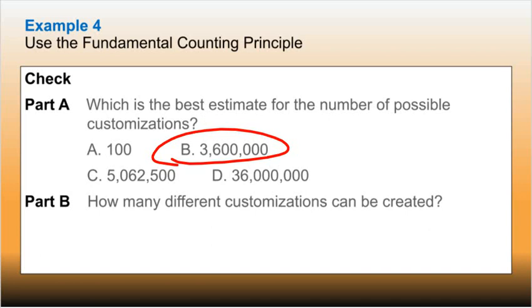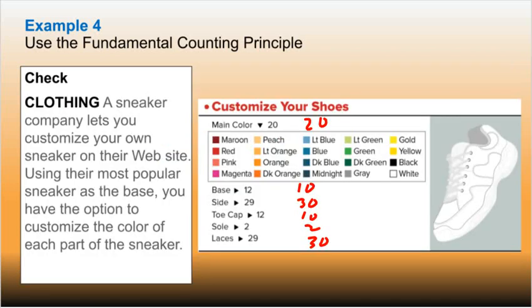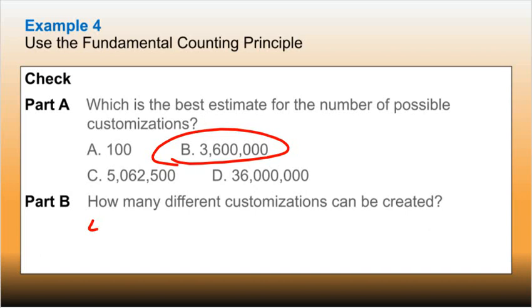How many different customizations would there be? So if I go back and did 20 times 12 times 29 times 12 times 2 times 29, we get an answer of 4,844,160.